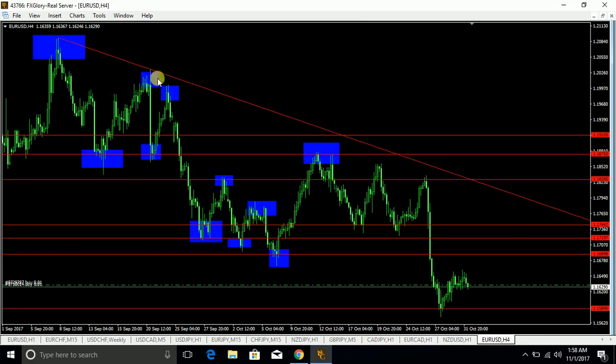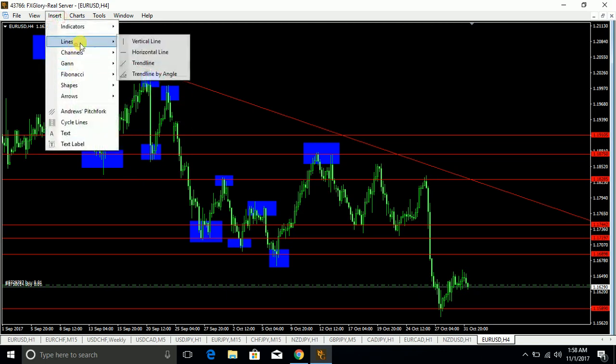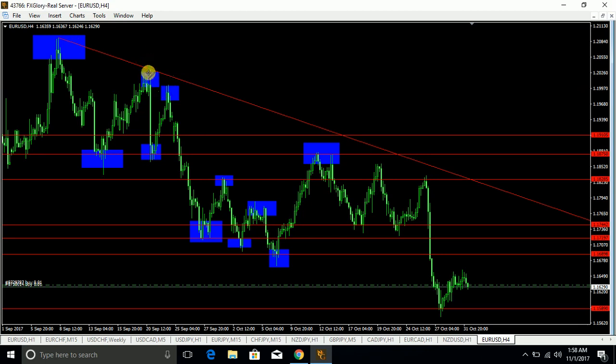You guys see that? Okay. Now we have another series of lows. Lower high, lower low, lower high, lower low, lower high, lower low. It's going to be from this one. So.